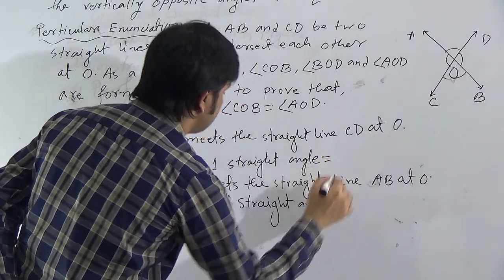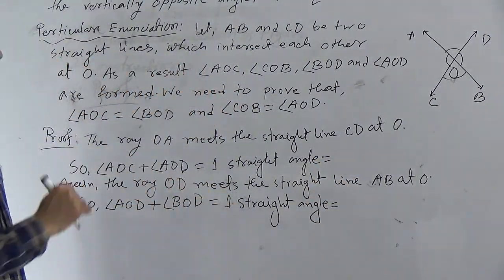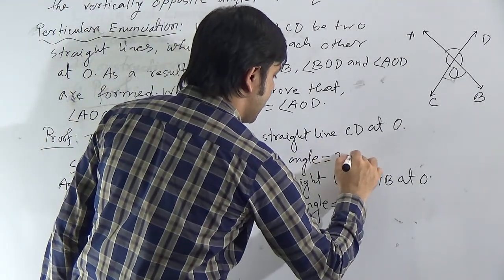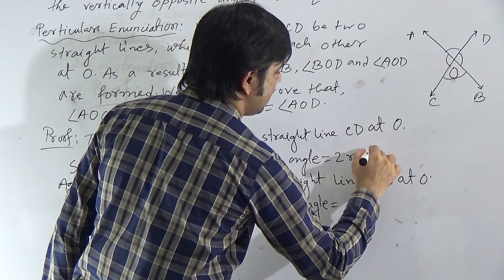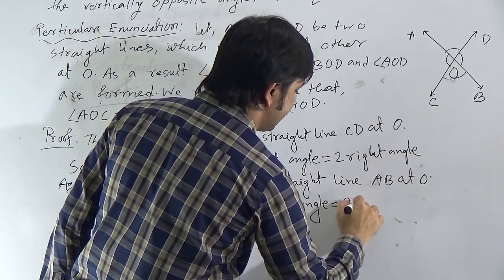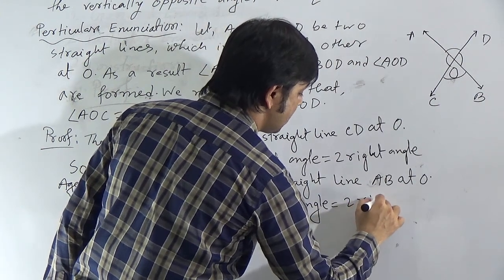Dear students, you know one straight angle means two right angles. So we can write here two right angles, and here also we can write two right angles.